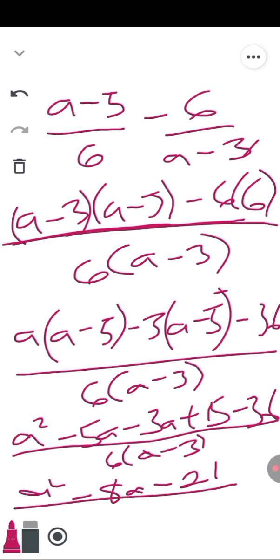All over 6 into (a minus 3). Is that okay? So that's the final answer there. So we'll stop here. Then we'll give you questions to practice on your own.